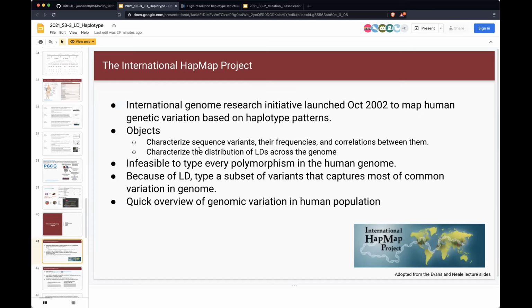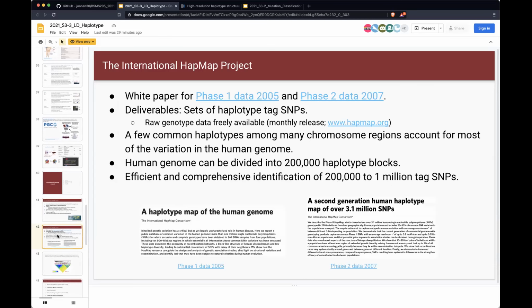At the time, we were unable to look at all the nucleotide positions in our genome, which means we could not take a direct approach with human genome sequencing. So people designed microarrays and looked at a few positions to represent the LD blocks in our populations. So this is basically a quick overview of the genomic variation in our population.